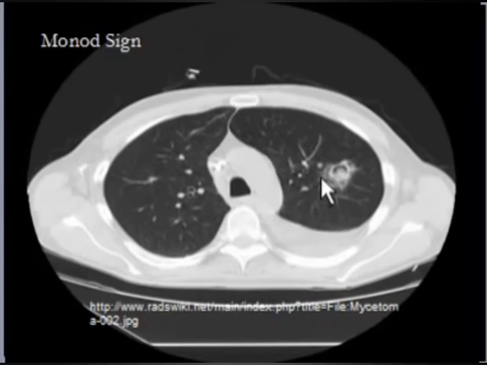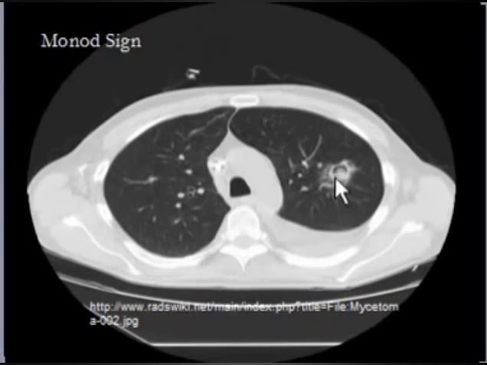The other clearly visible pathology is this round mass surrounded by this black density or air density. The presentation, which looks like a moon with a halo around it, is known as Monod sign. Monod sign most commonly represents the presence of fungus ball, which is also known as aspergilloma or mycetoma.